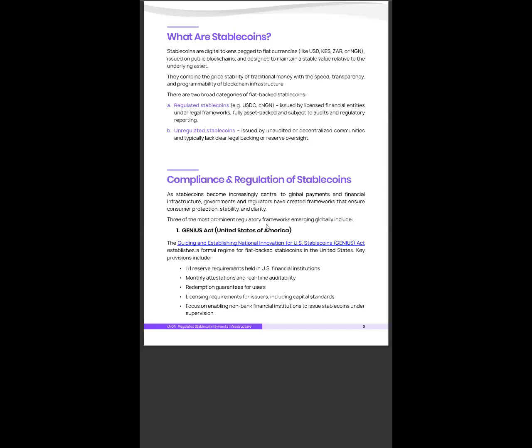What that means is for every cNGN in circulation, for example, or every USDC in circulation, there's a USD somewhere in the bank that you can confirm through audited reports, that backing is complete and total. And it means that these stablecoin issuers are subjected to a lot of regulatory scrutiny.